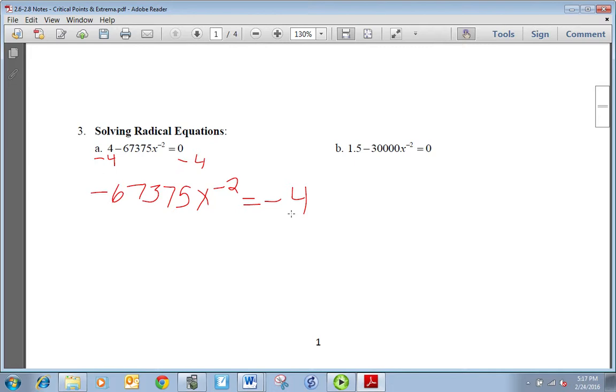And we can rewrite it and put that x squared in the denominator. So negative 67,375 over x squared.